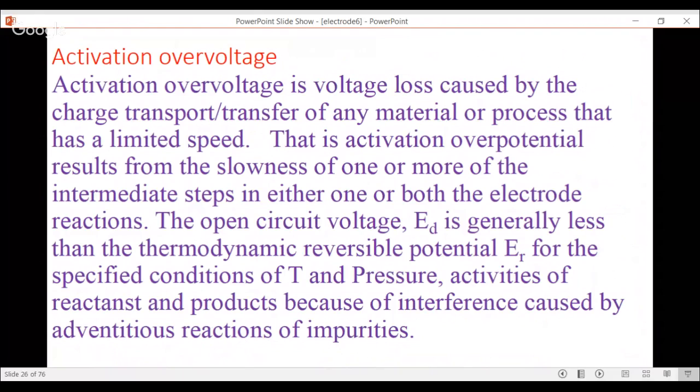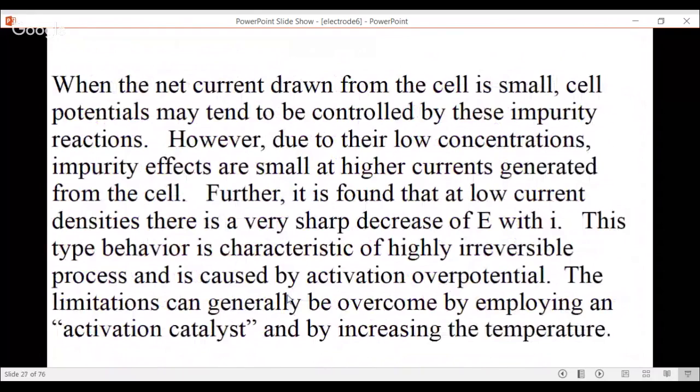At some values of the concentration, activity will be more or less equal to concentration, but not always. So we have to understand this.